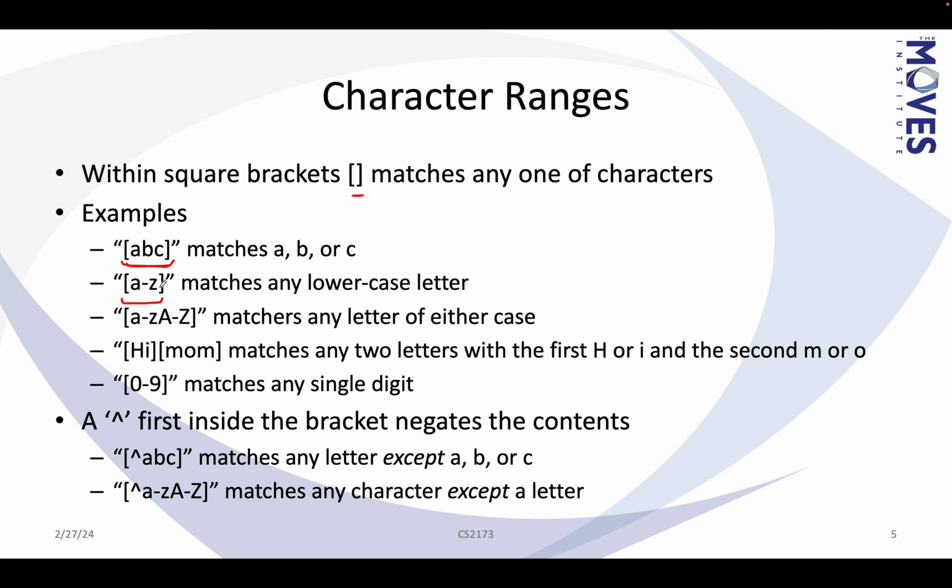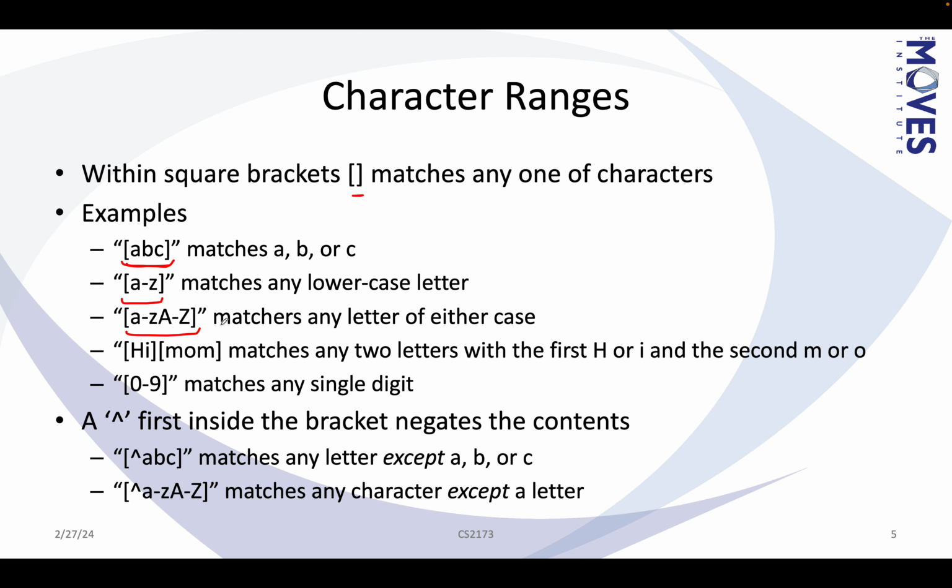So that'll match A, B, C, D, whatever, but it won't match 9 or a dollar sign or at sign. And if I want to match a single letter of either case, I can simply say a through z lowercase, A through Z uppercase.